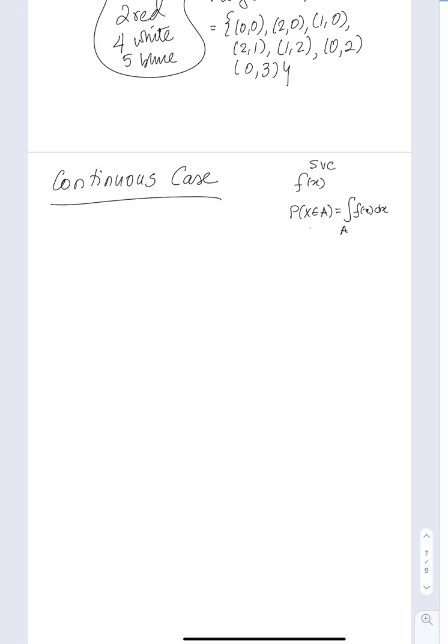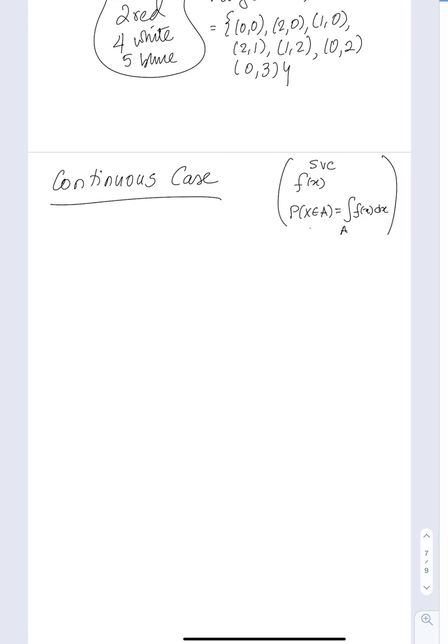What did the density function satisfy? It was non-negative. The integral over the whole line is 1. And for any set A, the probability x being in A is given by the integral of f over A. Okay, so just a small little thing. I've obviously not written everything over here.